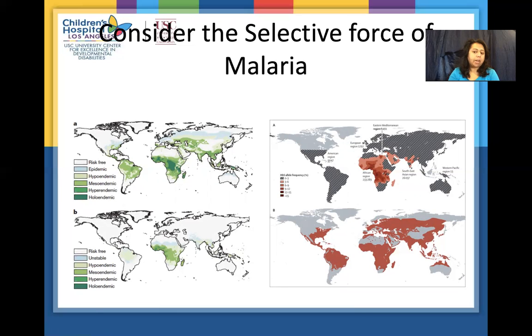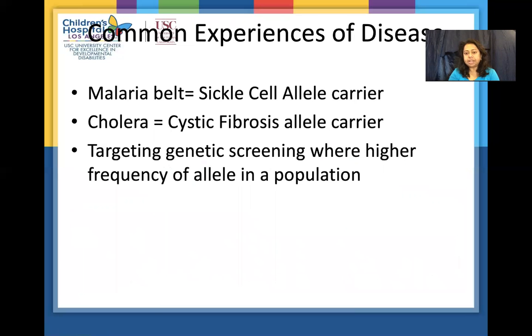And the reason why this particular carrier has continued to remain high in frequency in populations that have malaria endemic is because there's a selective benefit for carriers of sickle cell when it comes to surviving malaria.